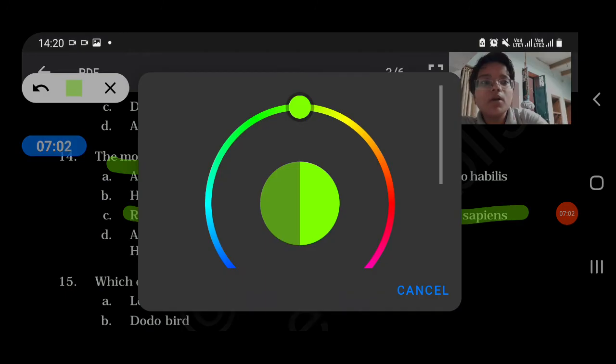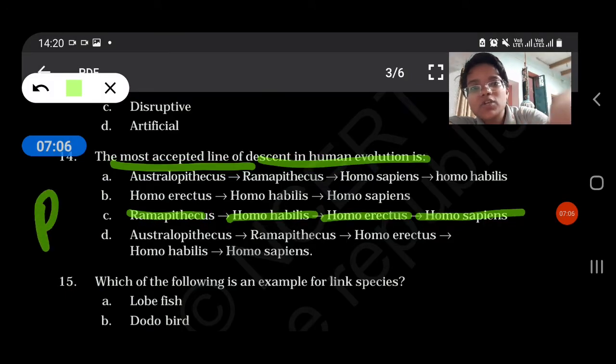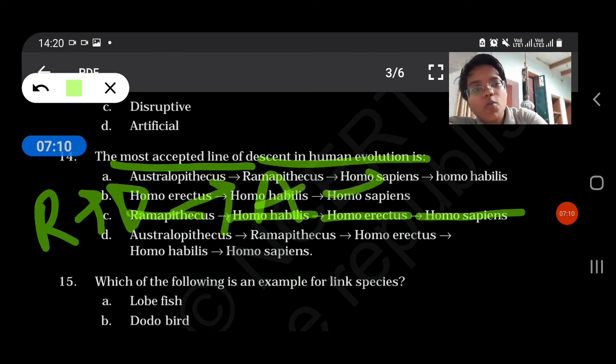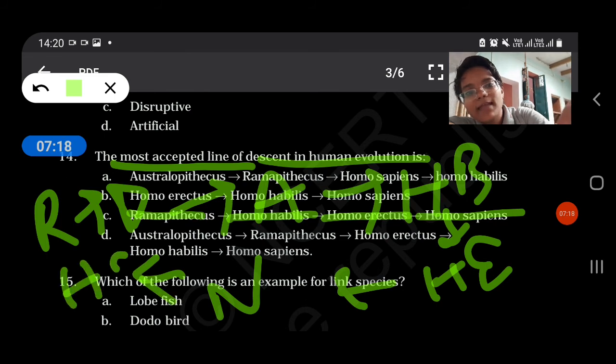What we have learned is, firstly, the Ramapithecines, Dryopithecines, then Australopithecines, then Homo habilis, Homo erectus, Neanderthals, then Homo sapiens, and then Homo sapiens sapiens. What we are is Homo sapiens sapiens.